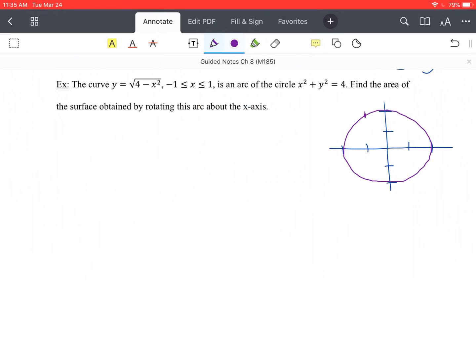So that's going to be from right here to right here, and everything else we're going to get rid of. That's the arc that it's talking about. So now this is getting rotated around the x-axis. Okay, so rotated about the x-axis. See if I can do this as smoothly as possible.